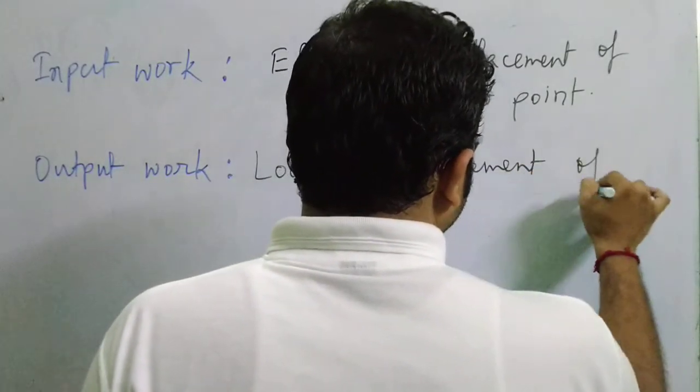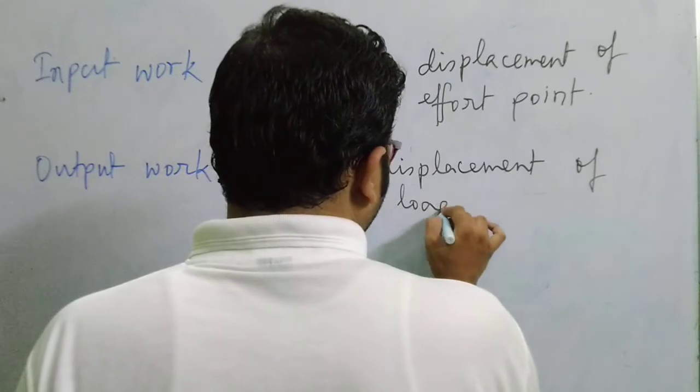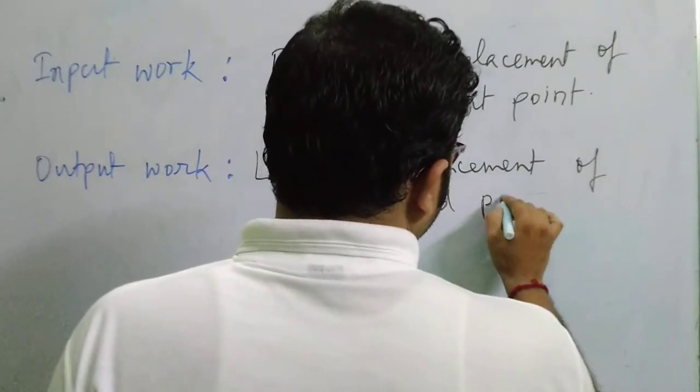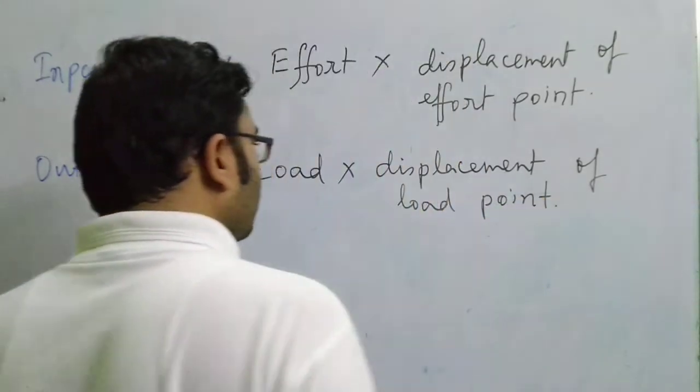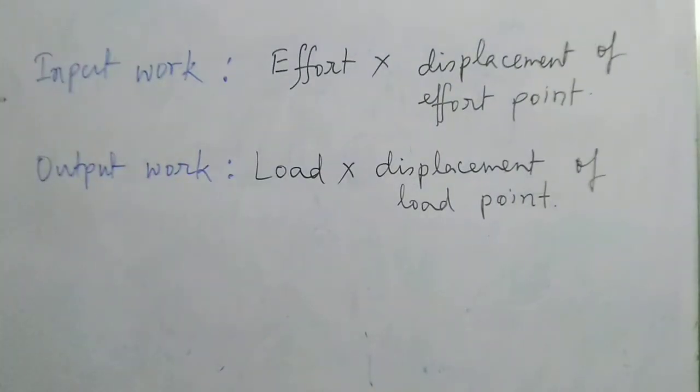So this is the output work. Okay. You know that the SI unit of work is joule, so definitely output work and input work will both have the unit joule.